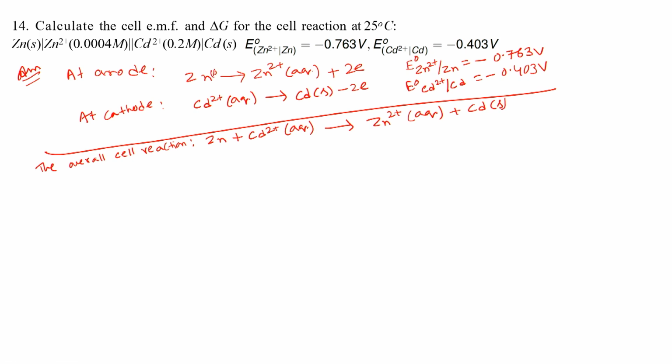Okay, so we got the overall cell reaction. Now we know the E naught cell. So E naught cell will be E naught cathode minus E naught anode.